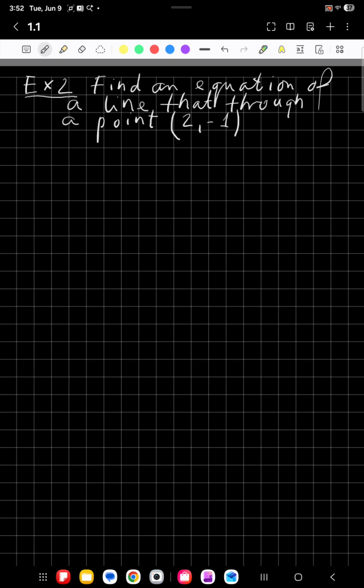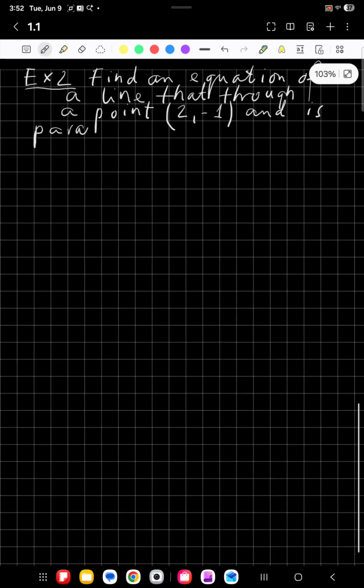And that line is parallel to this line, 3y minus 2x equals -5.